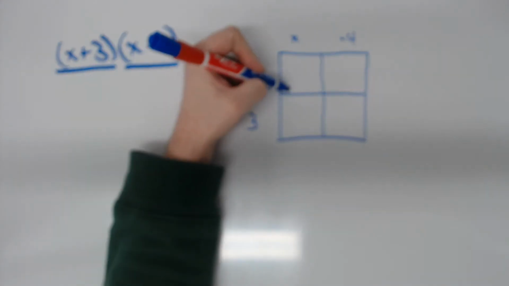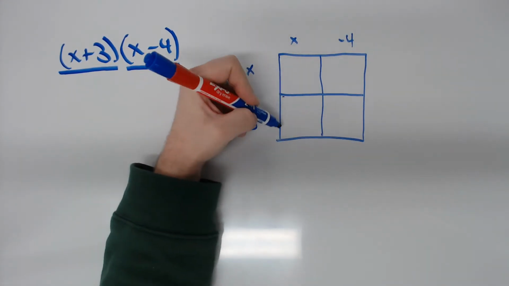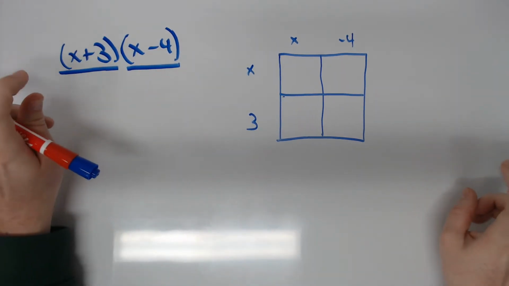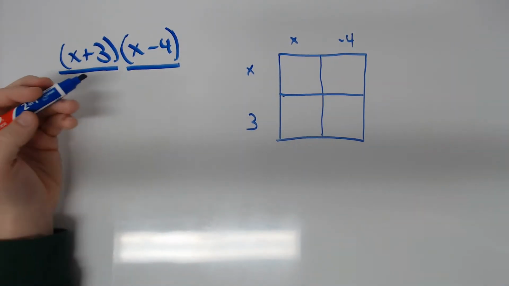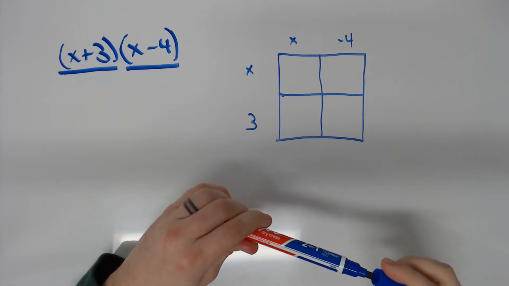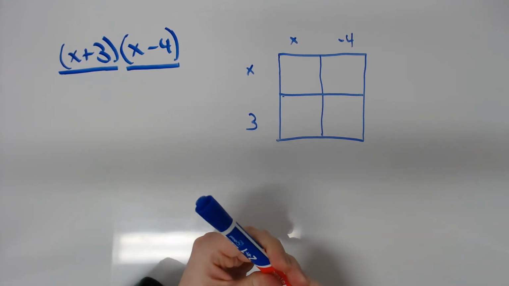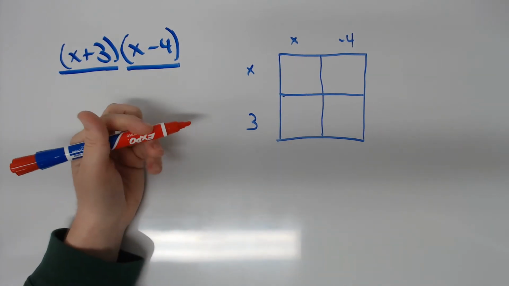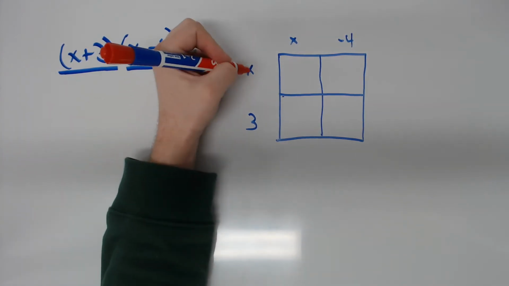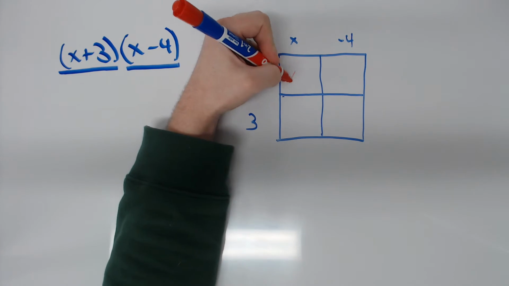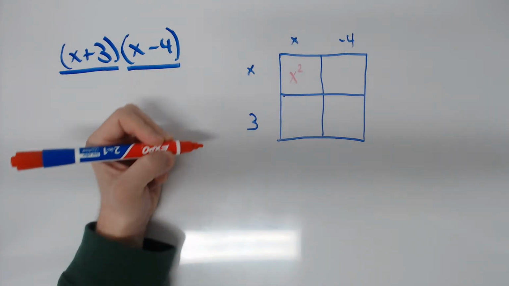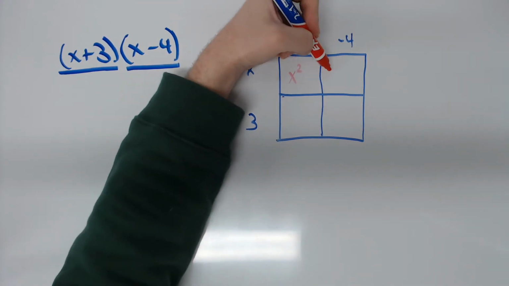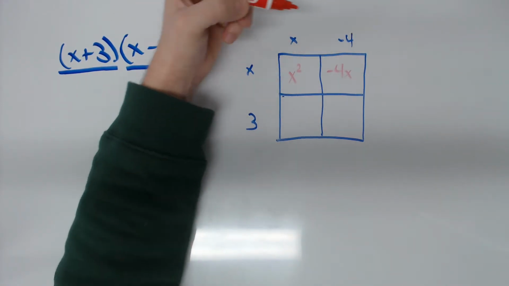So if we find the area of all 4 of these sections and add them together at the end, we've found the area of the box. And it's just a graphic organizer for multiplying two polynomials. So I'll do this, and then I'll do it with the distributive property side by side so we can see we get the same result. X times x, we use an exponent to show that, x squared. X times negative 4 for this box is negative 4x.